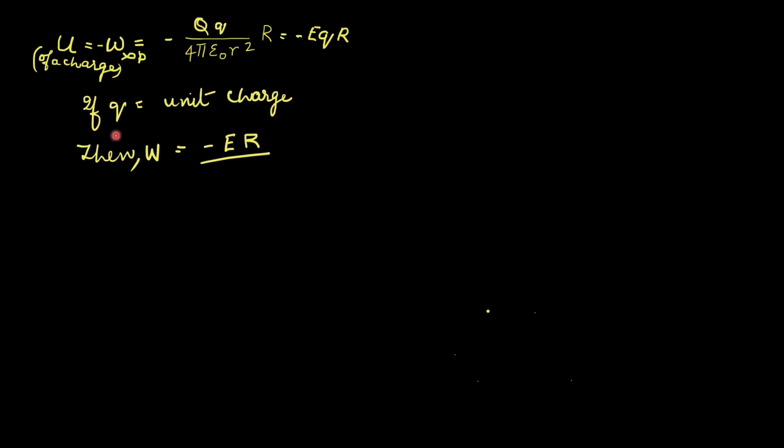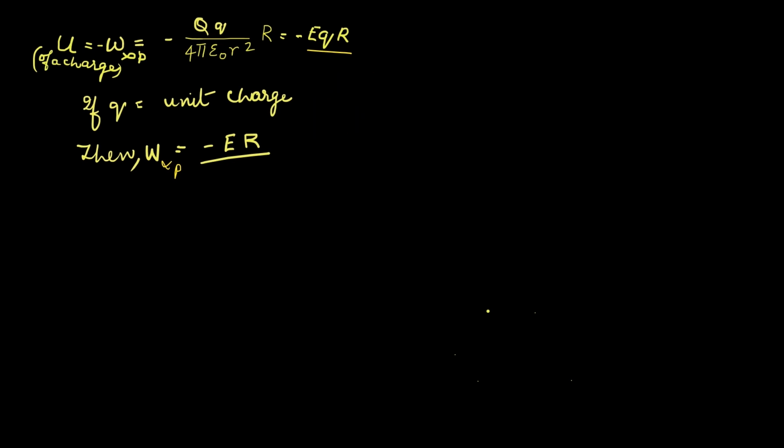If this test charge is equal to unit charge, that is charge equal to 1, then work done is equal to negative ER. How is that? We divide negative EqR by q so that you get the value of q as 1.